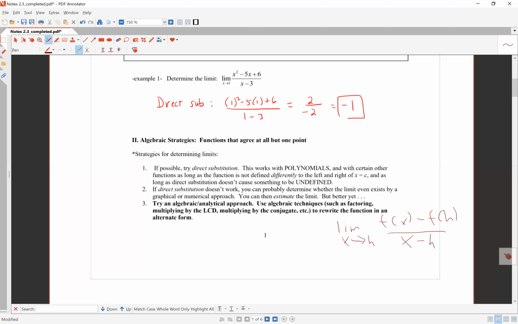In this case, the denominator is 0, so you can't use direct substitution. For the problems in our class, there's usually a finite limit, and so you usually have to do some kind of algebraic trick.